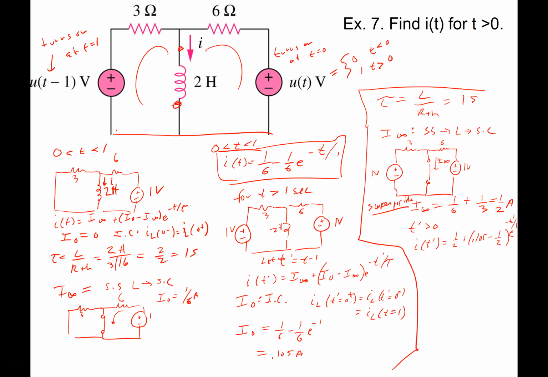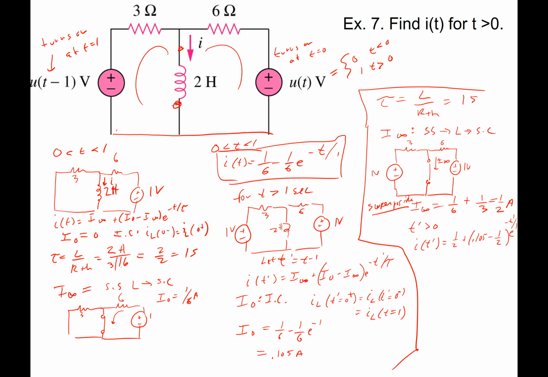And now that we've been careful about this, we can put back the real value of t prime. T prime equals t minus 1, so we can throw that in there. On your e, was that e to the minus t or t prime? It's e to the minus t prime still. Okay, we're still in t prime.